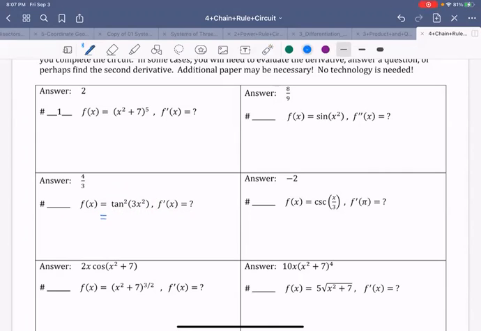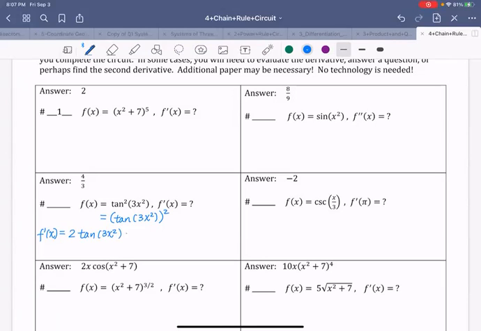And then it's 2 times the tangent of 3x squared. Now go ahead. Yeah, so 2 times the tangent of 3x squared times 6x.